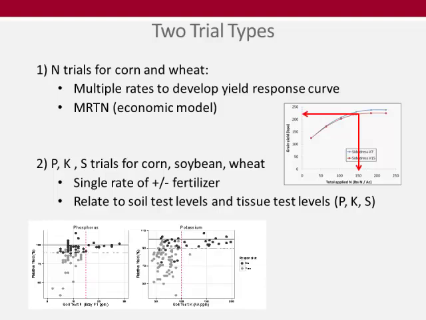Relative yield is defined as the unfertilized divided by the fertilized, times 100. If there's no difference, your relative yield is 100%. If it's 70, it means you took a 30% hit. Then we just identify that critical level. This is how it was done for the original tri-states, and we're hoping to continue this approach moving forward.